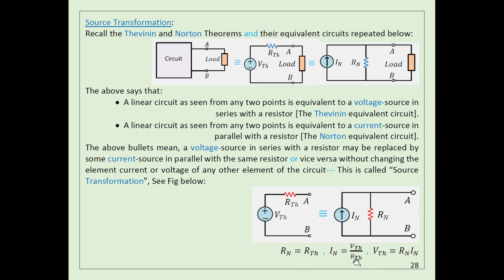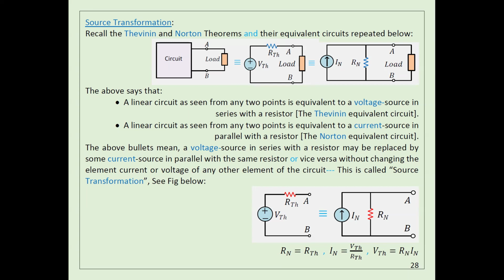This is the relation. Number one, this resistance is equal to this resistance. This is the first easy part. Number two, the current here equals V divided by R, or V equals I times R. You got what I'm saying? So again, it doesn't need to be Thevenin or Norton.